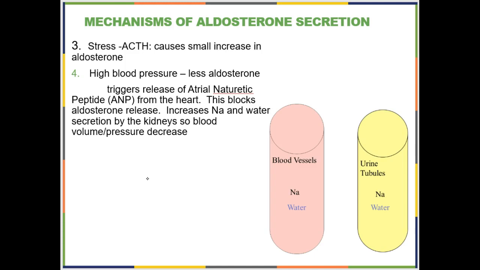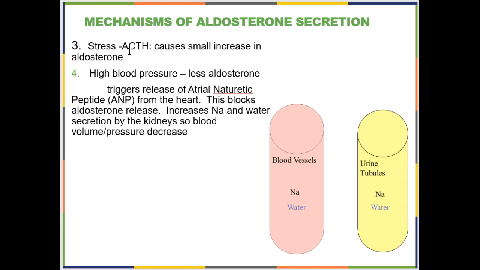The third thing that can affect aldosterone release is adrenocorticotropic hormone, or ACTH. So if you are under stress, this can cause an increase in aldosterone release.